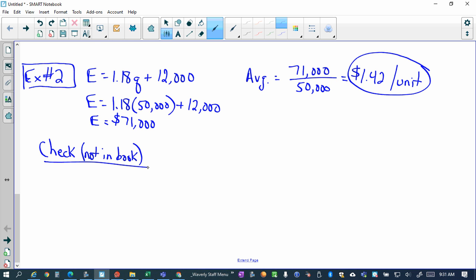What's the average cost of producing, in the same situation, 500,000 hand warmers? I want the average cost of producing 500,000 hand warmers.